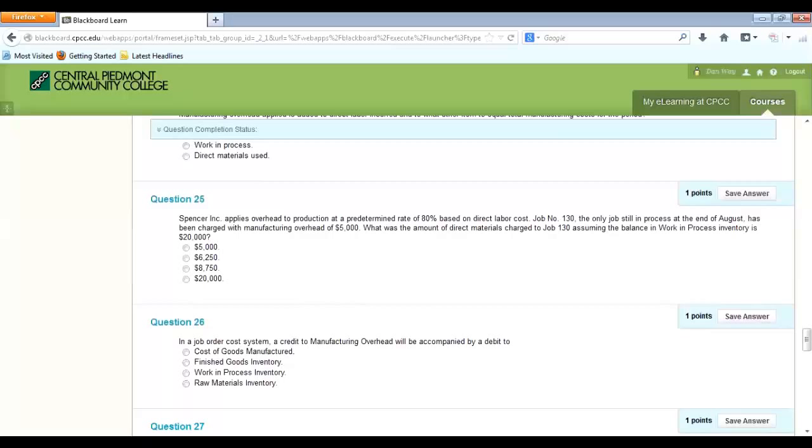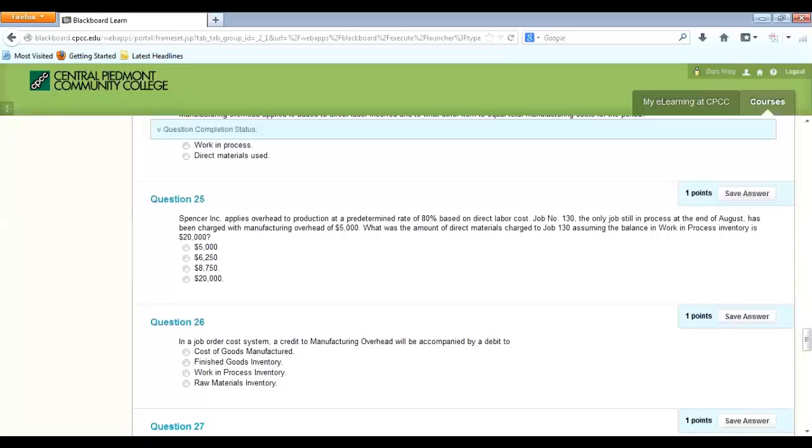Okay. So, actually, I need to do this on a scratch pad so we can actually do some work with it here. Okay, so our predetermined rate is 80% of direct labor.